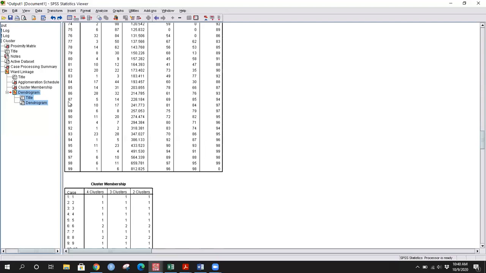Now, to do that, I have a sincere suggestion to you all. It's very helpful to find out the number of clusters in any of the cases. One thing you have understood is that the stage column is to be renamed to a column with the number of cluster solutions, and this distance coefficient will be used to find out another variable, which is the percentage change in this distance coefficient.